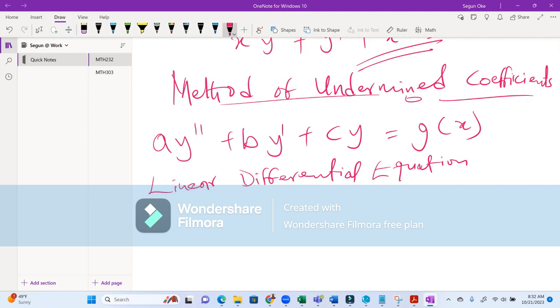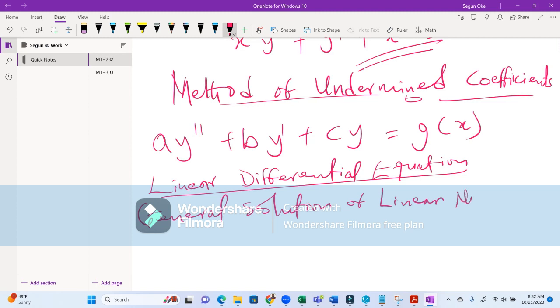Now, when you have non-homogeneous, what are the methods for non-homogeneous? Let me just quickly say this. Under this, we have the general solution of linear non-homogeneous equations. I'll come back to the general solution.